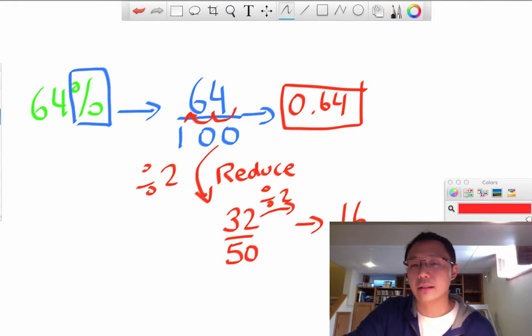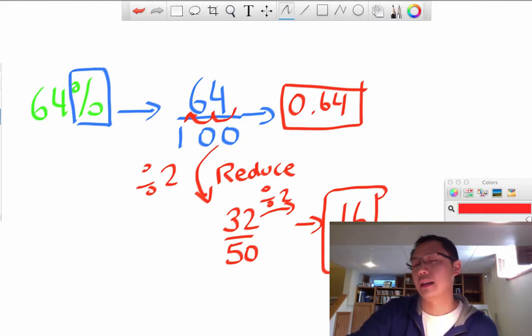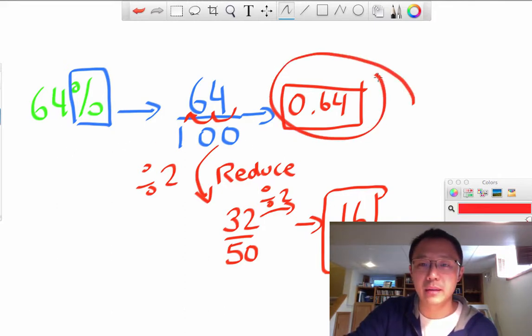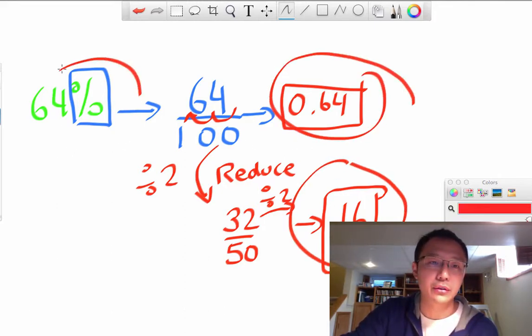What about 3? 16 can't go into 3. 4, 5, 6, 7, 8. I think that's it. So if there's a mistake, just let me know, but I think this might be the last, the most reduced fraction. So again, 16 over 25 is exactly the same as 32 over 50, same as 0.64, same as 64 over 100, same as 64%. All these decimal numbers and fractions are all interrelated.